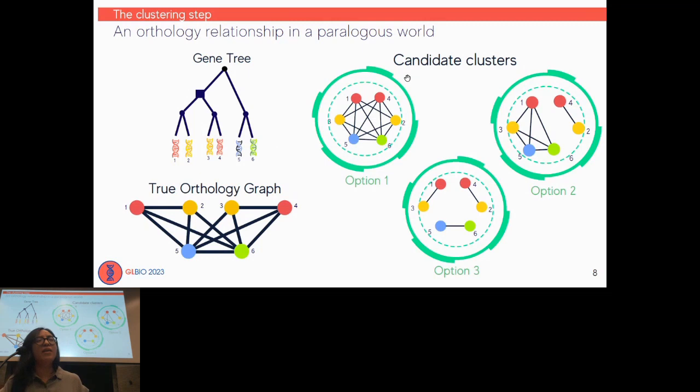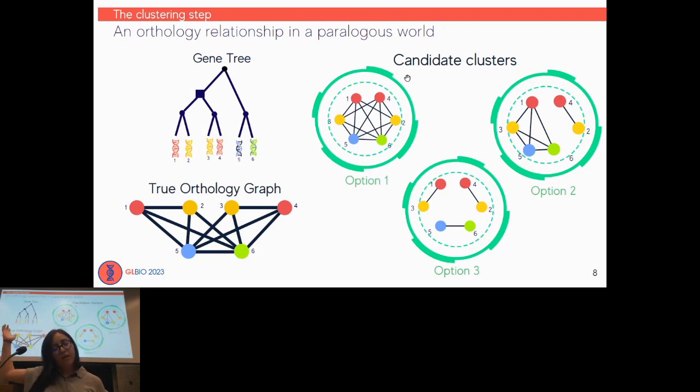Although these methods are faster than phylogeny-based methods, they have many important drawbacks, and they struggle whenever this scenario happens: a speciation followed by a duplication event, which creates in-paralogs.